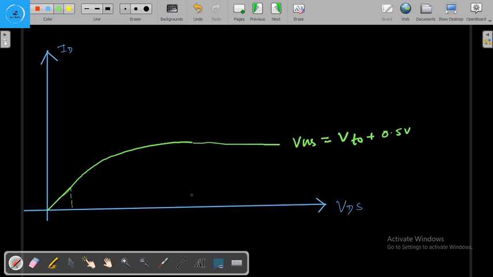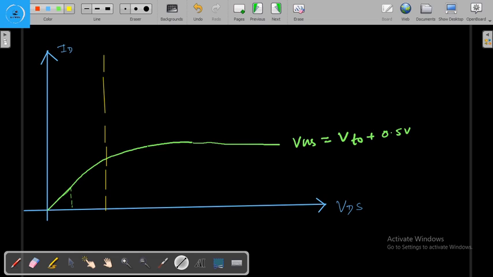So now what we need to see: for the small value of the VDS, our current is increasing linearly with the VDS. Now beyond this, we can say the drain current is bending.